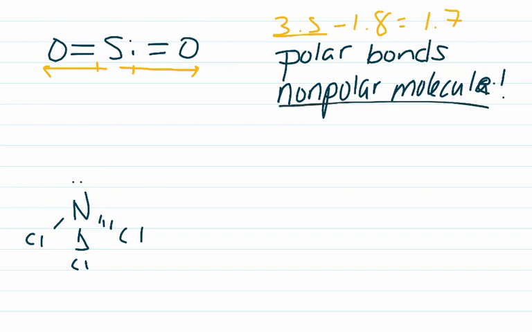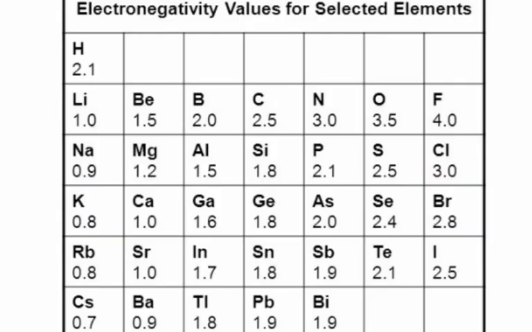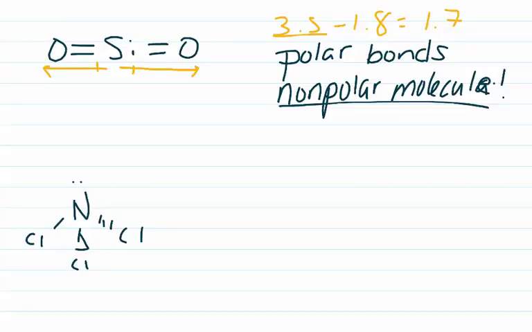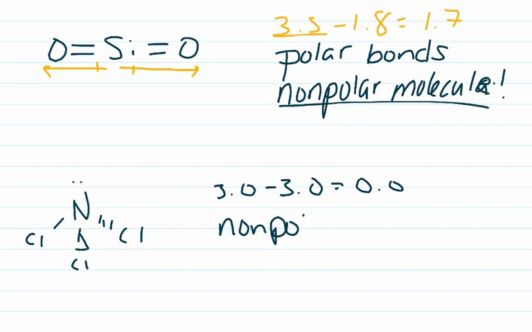If that rope were to move, for example, let's look at nitrogen trichloride. Nitrogen has an electronegativity of 3.0 and chlorine has an electronegativity of 3.0. If we subtract those from each other, we get 0.0, which means that we have nonpolar bonds. These bonds are equally sharing those electrons.